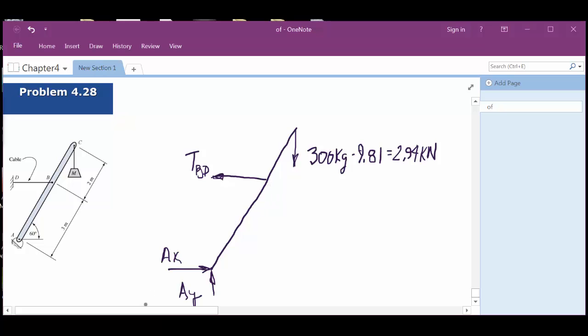Well, that's not all we need, but that's what the free body diagram looks like. We're going to need some distances too, aren't we? We're going to need a distance specifically for this right here.